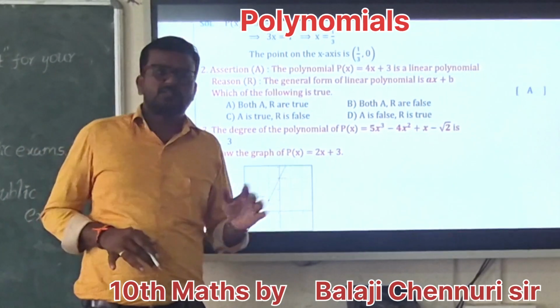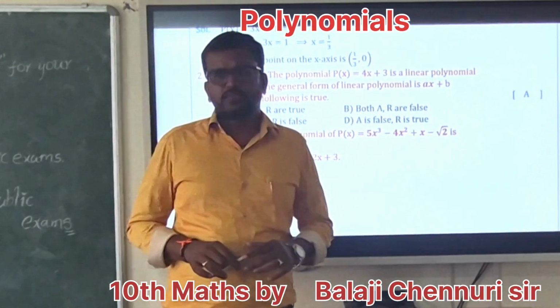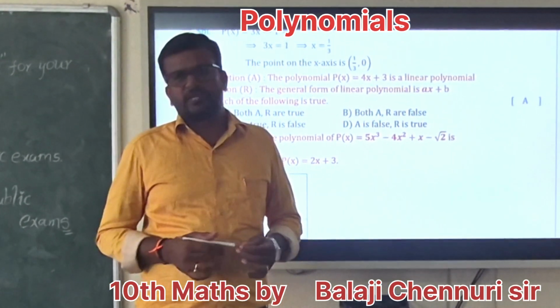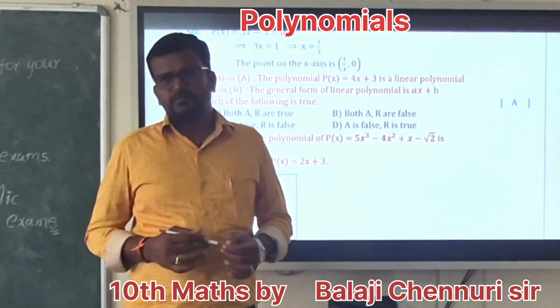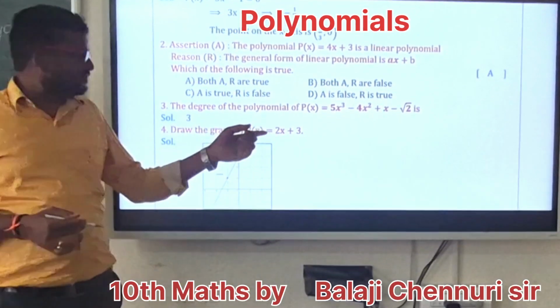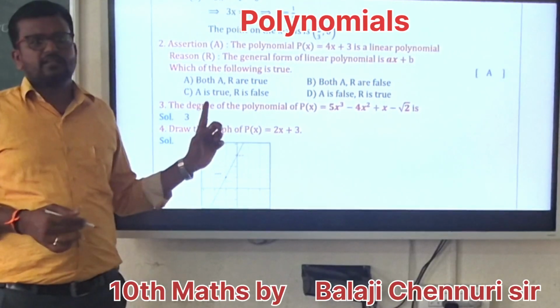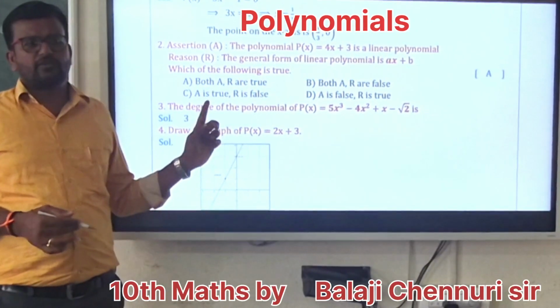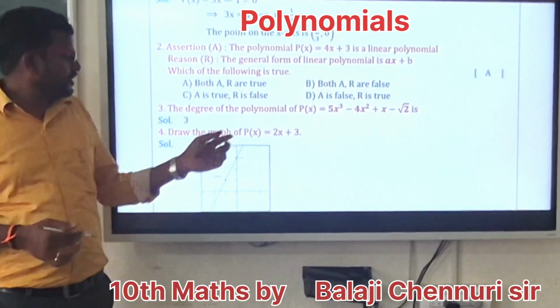Suppose p(x) = 2x^4 - 5x. Then what is the degree of the polynomial? 4. Okay. Draw the graph of p(x) = 2x + 3. How can you draw the graph?